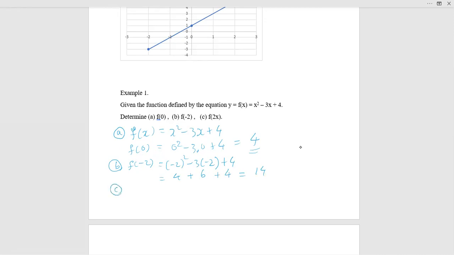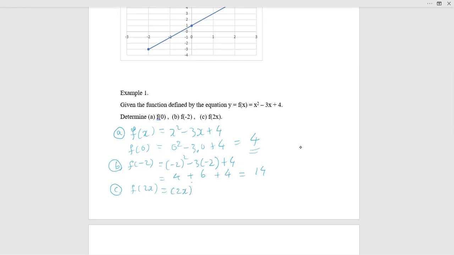C. f of 2x means wherever you see x, you substitute that with 2x.